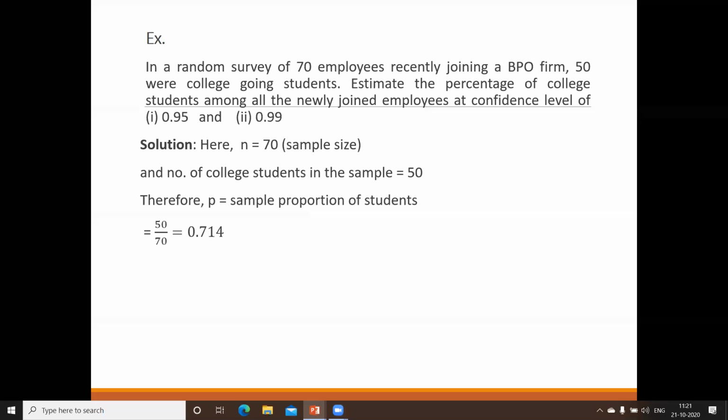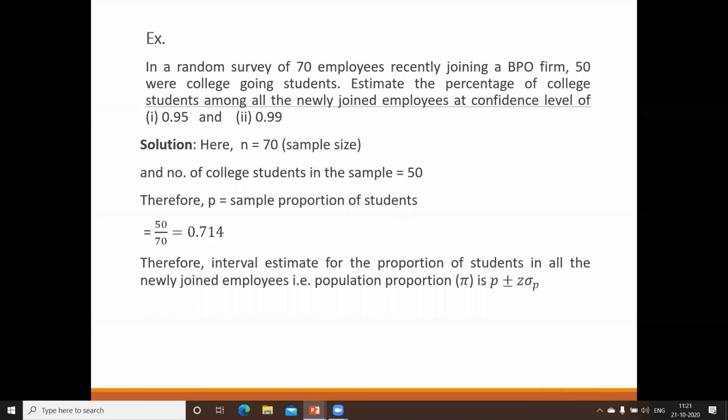Okay. Then using this, population proportion pi can be written as P plus minus Z sigma P. Okay, so this is the formula which I'll be using. P we have already found out, 0.714.